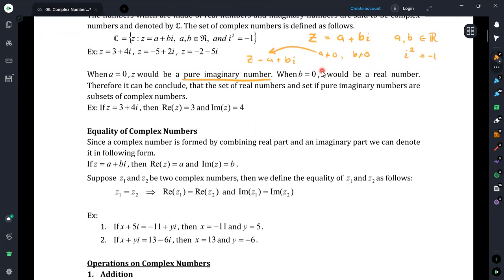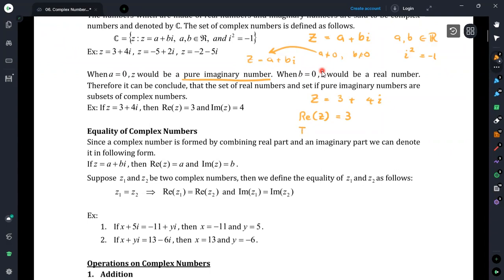Suppose we have a complex number in the form Z equals 3 plus 4 times I. Here we can define the real part of this Z as well as the imaginary part of Z. If we consider the real part of Z, we can denote it as Re of Z. We use this notation to denote the real part of Z. Then we know that the real value of this complex number is equal to 3.